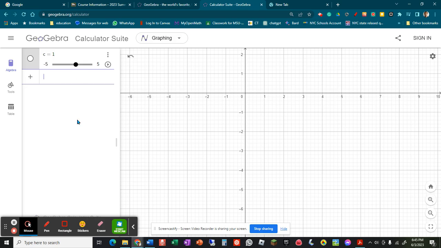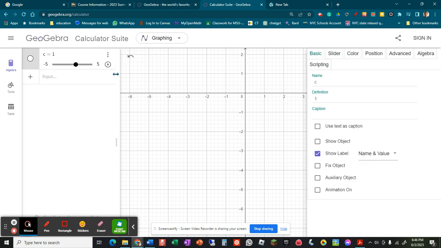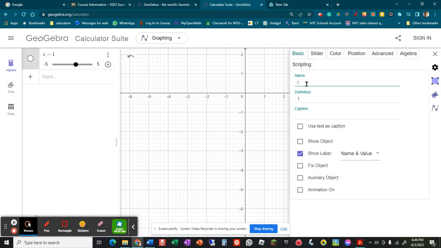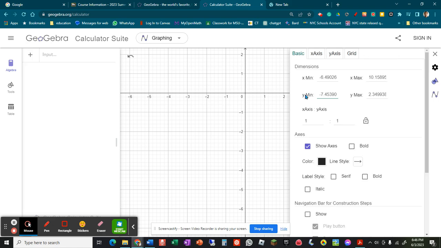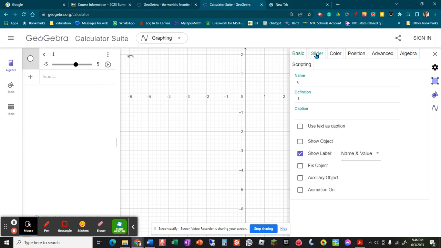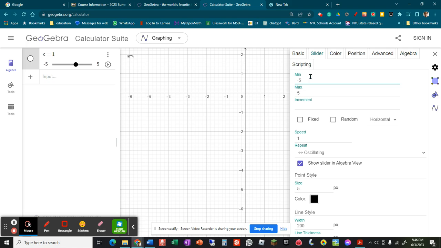That will be our slider for C. I want to change the setting because negative 5 to 5 is too small. So let's make it negative 10 to 10. I don't know what happened. Let's try again. C, enter, setting, slider. Let's make it negative 10 to 10.